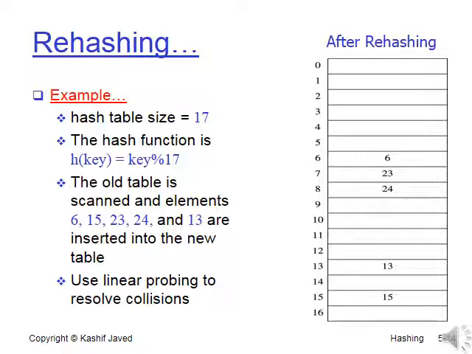Then we use linear probing to resolve the collisions. Now, the load factor, which in this case is the number of elements inserted divided by the table size, equals 5 divided by 17, which comes out to 0.29.